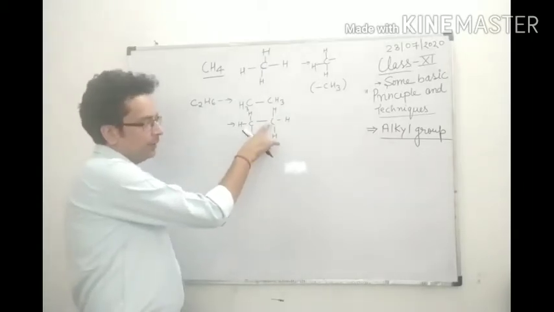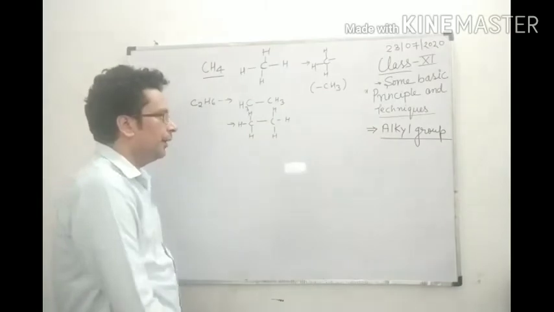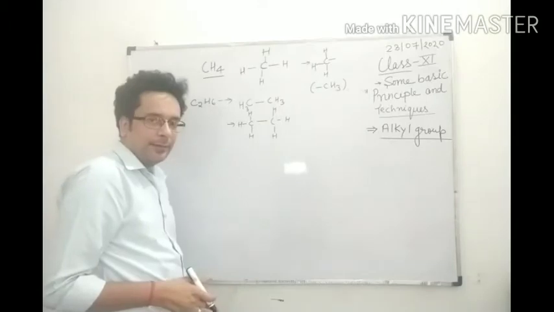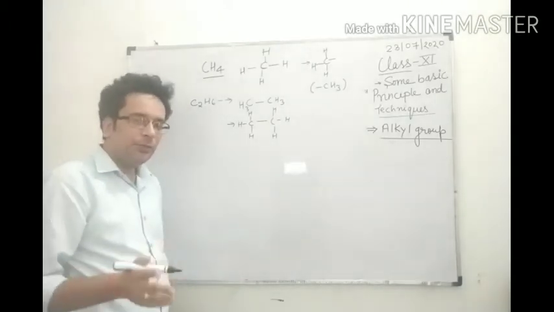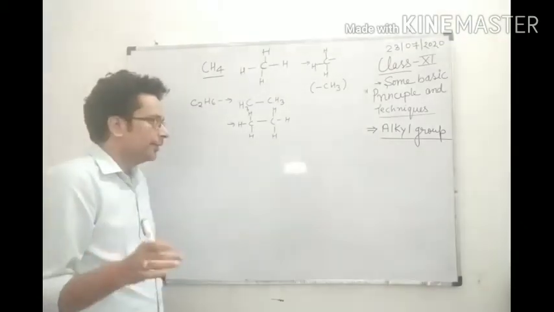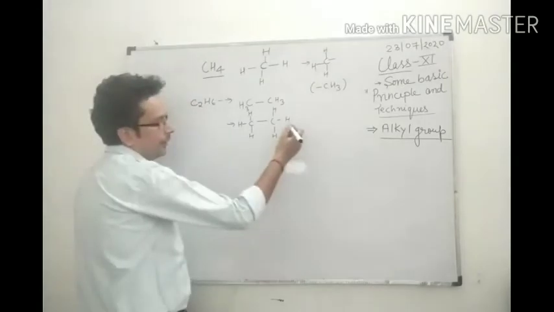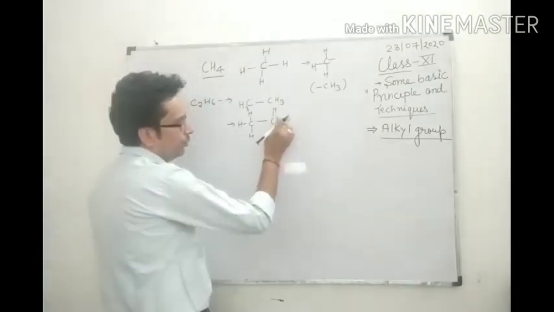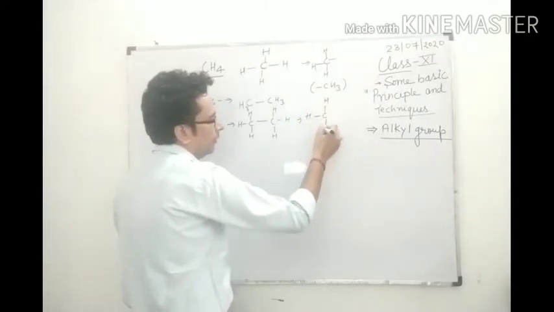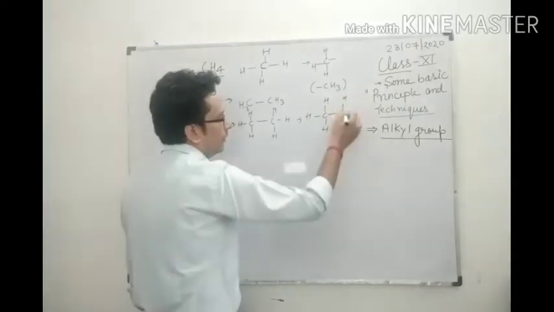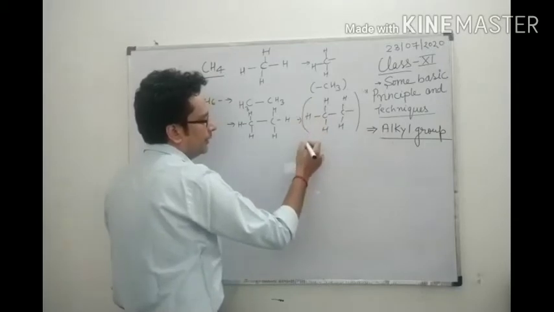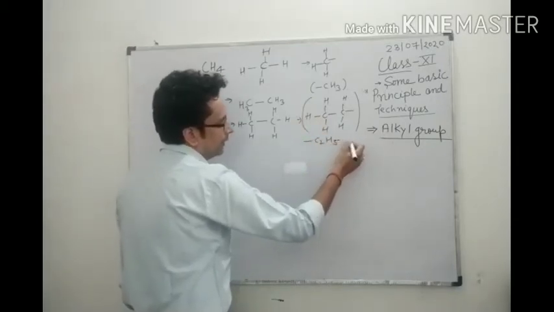This is also a primary carbon. In this case also all hydrogens are identical, and when you remove one hydrogen from anywhere, you obtain a single alkyl group. That is C2H5, the ethyl group.